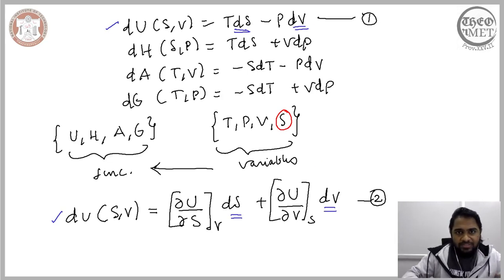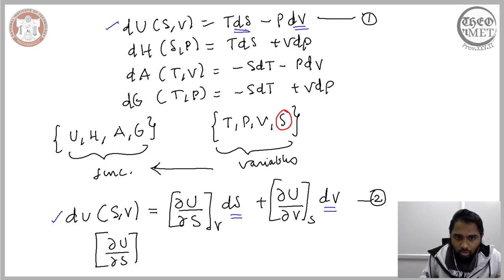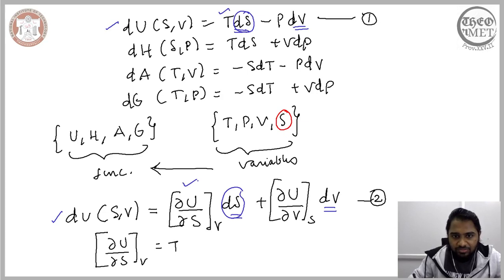Because of the similarity, we can directly state that the change in the internal energy with the change in entropy when the volume is constant is equal to temperature. So comparing 1 and 2, because of dS and dS here, this term and this term should be equal.